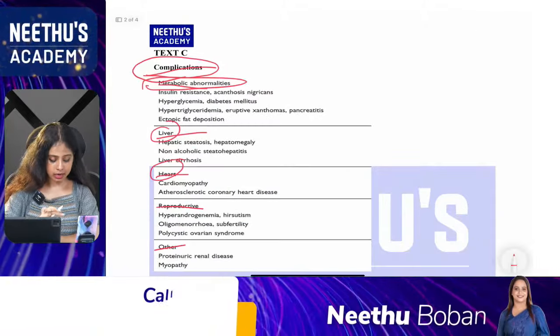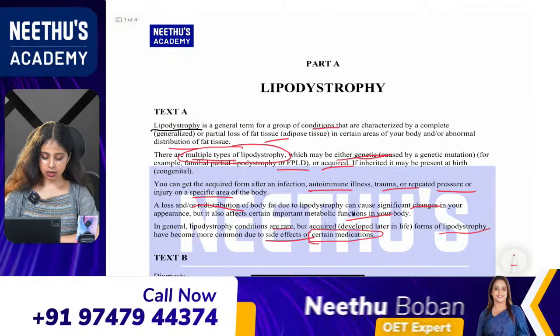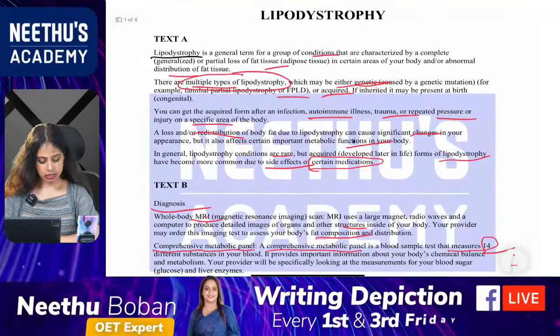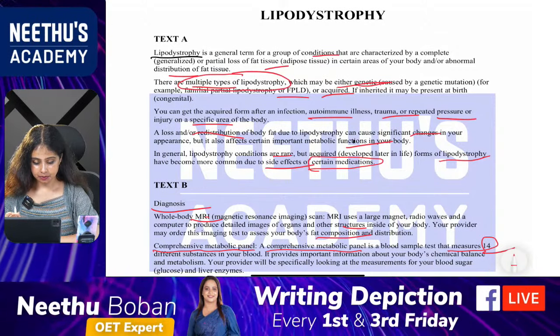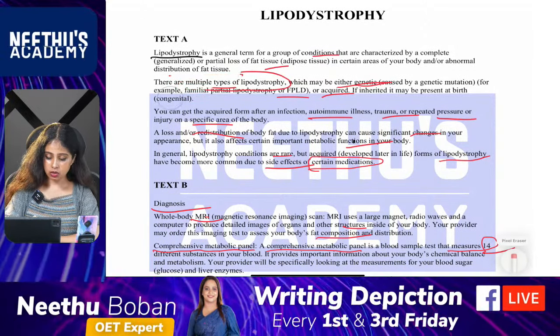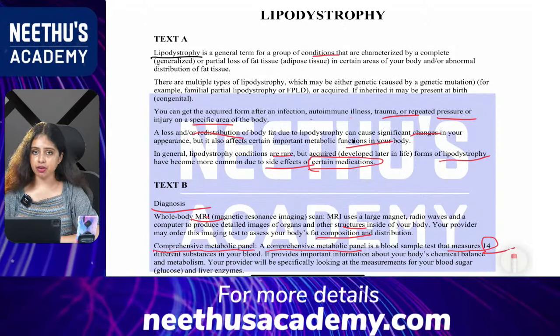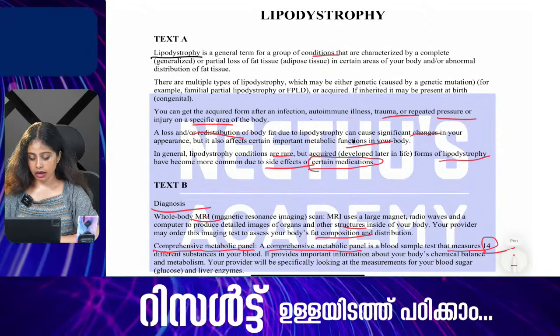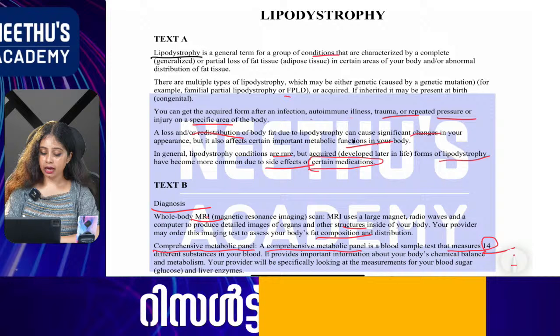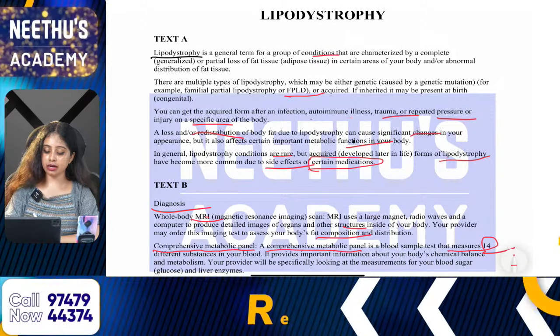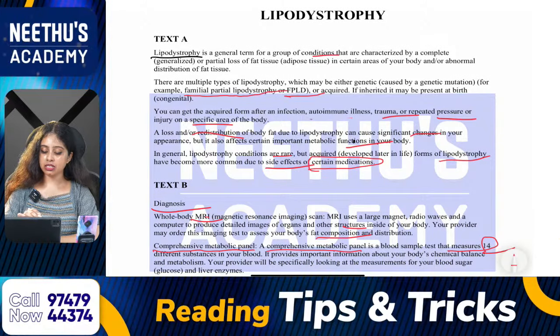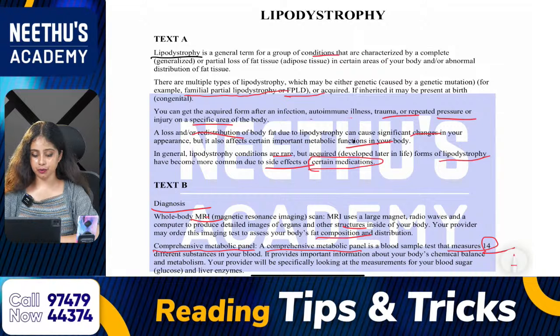Okay, so we will get the answer from text A, as you can see here in the second paragraph, second line. So that answer, either you can write the abbreviation. The abbreviation is mentioned here as FPLD, or else you can write familial partial lipodystrophy.